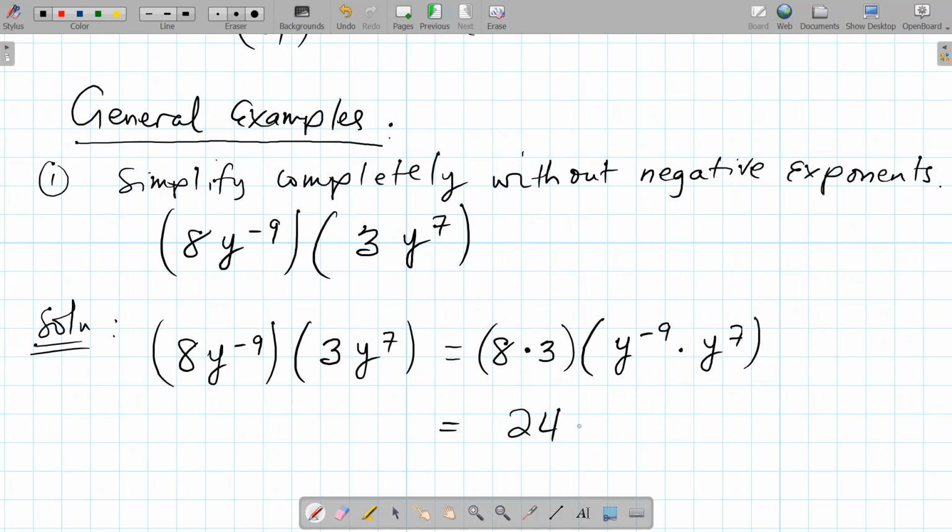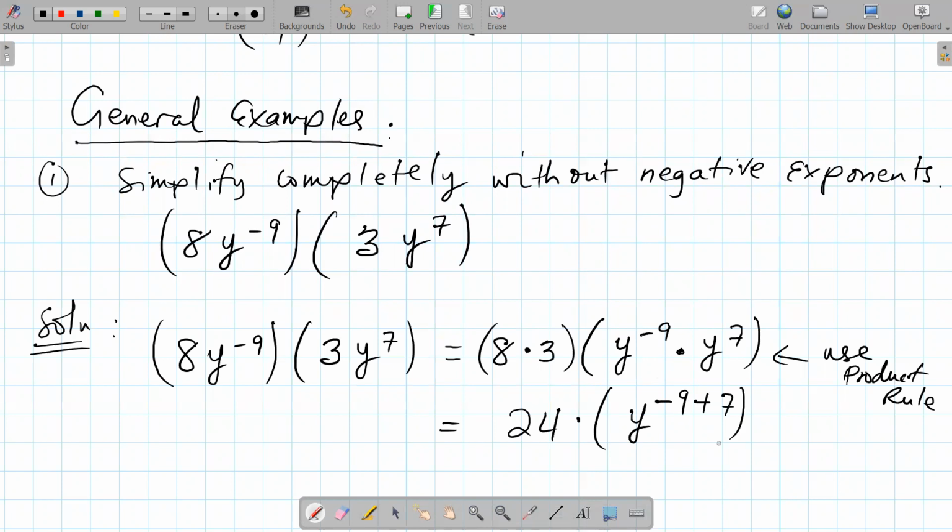Right? Times. Here we use the product rule. The product rule says that if they have the same base and you are multiplying, keep the base the same and sum up what?